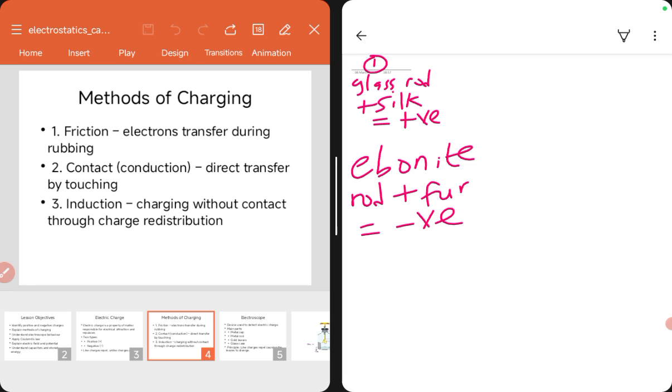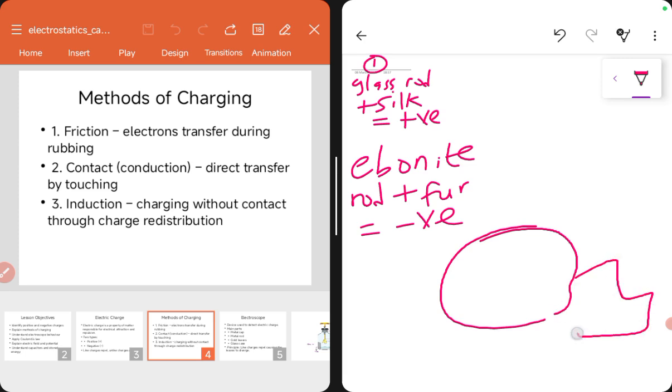A practical example of where this is used is for petrol tankers. Let's say this is the tanker, attached to something that rolls it. There are charges that are acquired from the air, especially due to the dry weather. This is due to the friction between the air and the vehicle. So as you're carrying that petrol tanker, these charges build up on the moving vehicle.